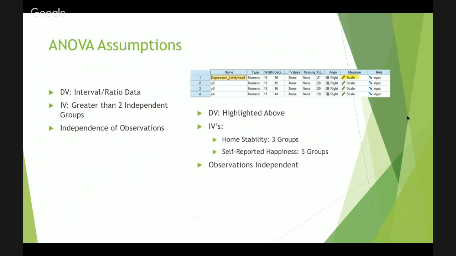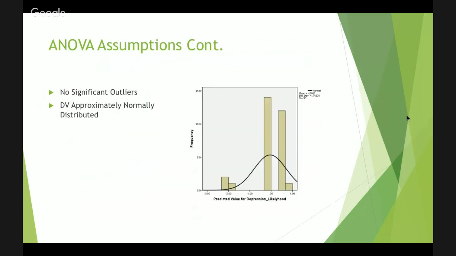If you look on the right side under IVs, home stability has 3 groups, and self-reported happiness has 5 groups. Finally, the third one for this slide is independence of observations, assuming that all the participants were randomly assigned. And since we were given this data by Patrick, our professor, it must be a good assumption. Right, Patrick?